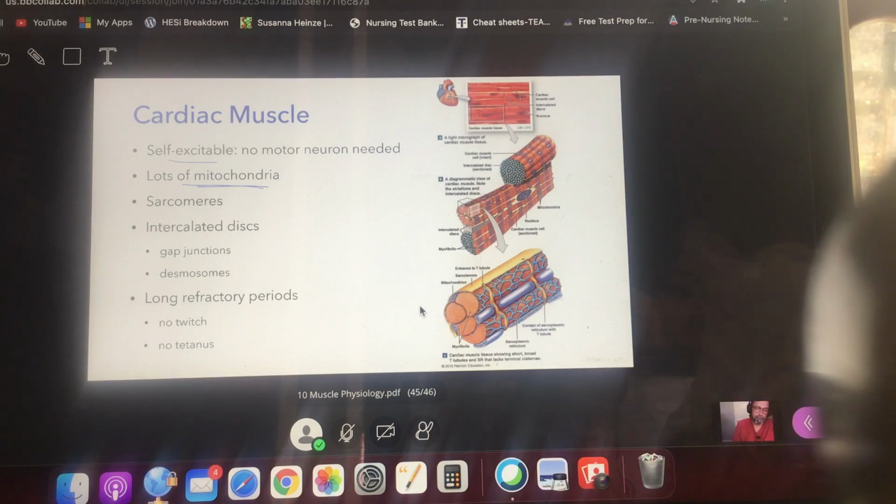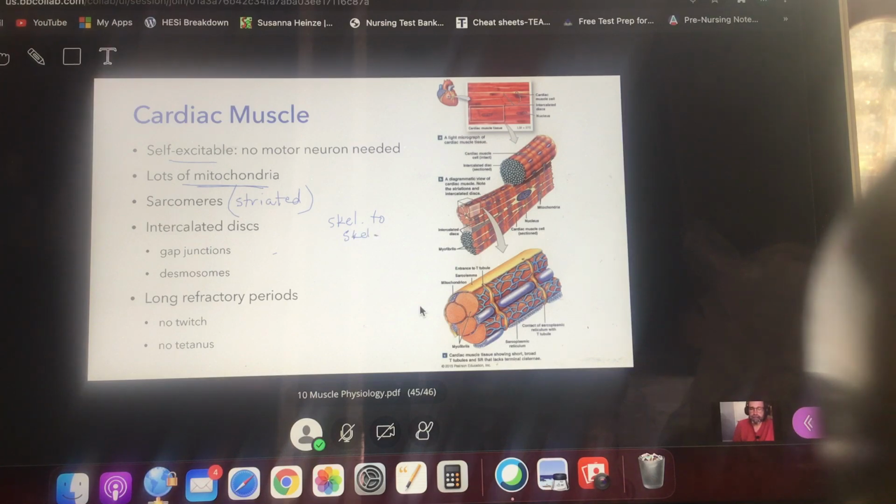Okay? They also have sarcomeres, just like skeletal muscle, so that means they are striated. They have dark and light bands. They're also connected end to end. Here's a key thing. Skeletal muscle is attached to skeleton.